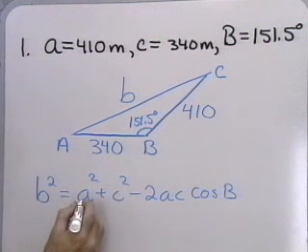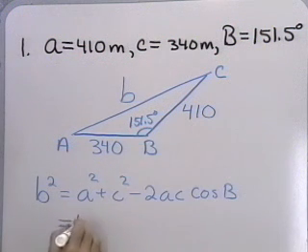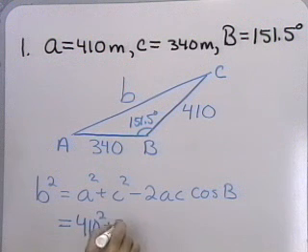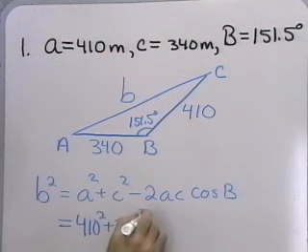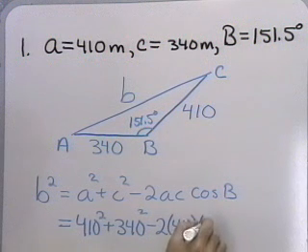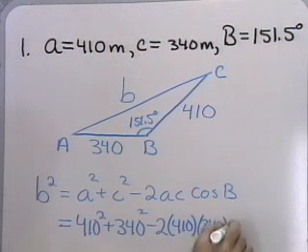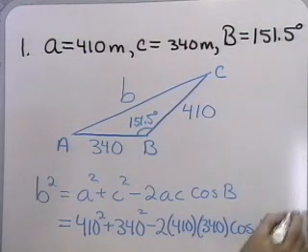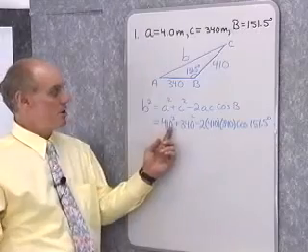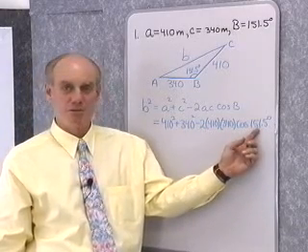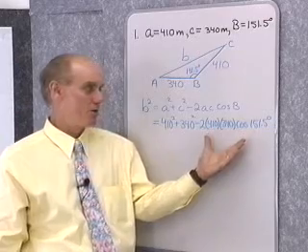A is 410 squared, plus C, which is 340 squared, minus 2 times 410 times 340 times the cosine of 151.5 degrees. So A squared plus C squared minus 2AC cosine 151.5 degrees. That's the law of cosines.